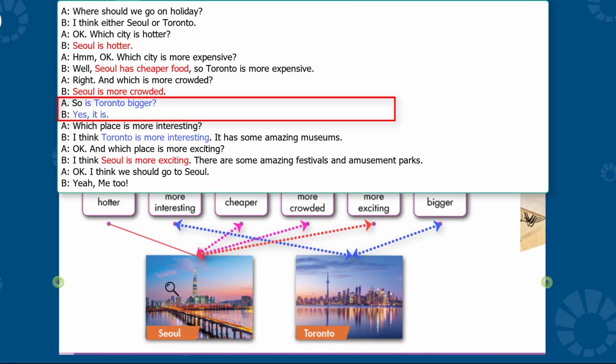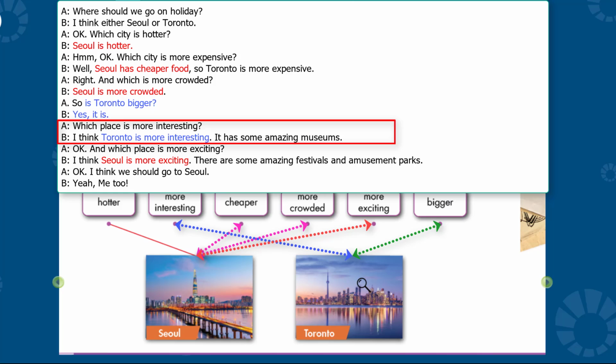So is Toronto bigger? Vậy là Toronto lớn hơn phải không? So, yes it is. Vâng đúng vậy. So we draw line bigger to Toronto, right? Which place is more interesting? Những nơi nào thì thú vị hơn? I think Toronto is more interesting.